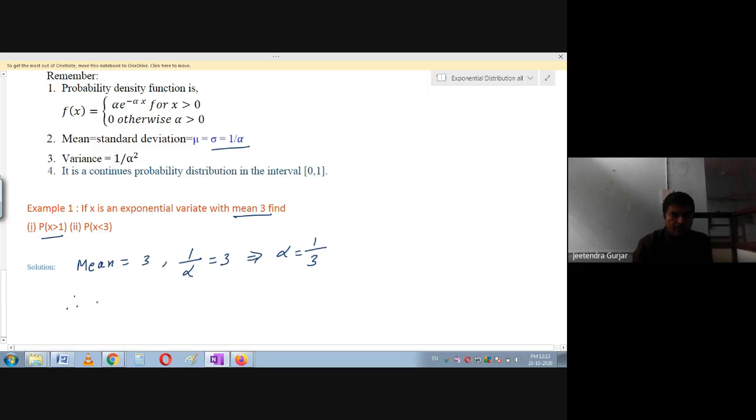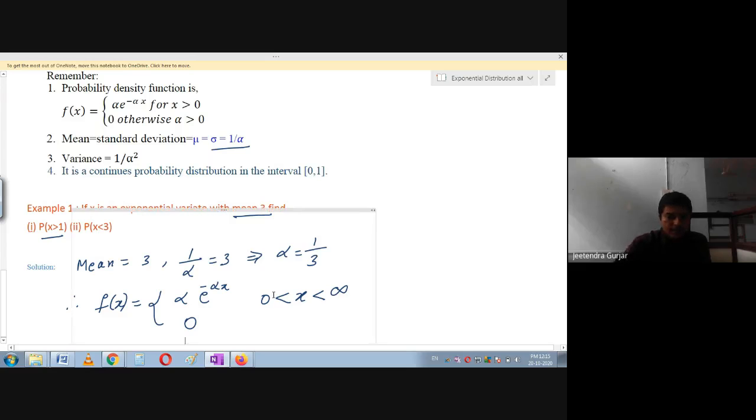Therefore, we take the function f of x as alpha e raised to minus alpha x, for x greater than 0 and less than infinity. Definitely remember this, students. Otherwise it is 0.